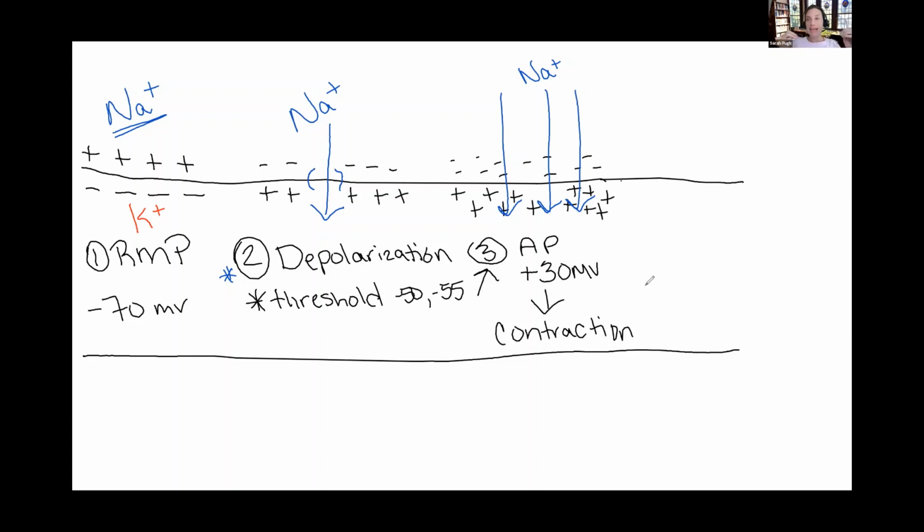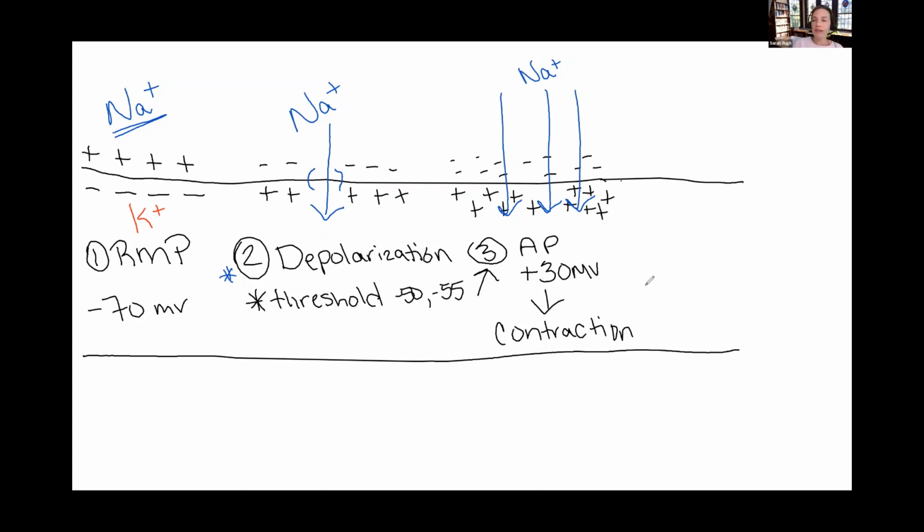We're going to need it to relax back out. So the next steps 4 and 5 are just how do we get that muscle to relax back out again? So after we've gotten our contraction, what are we going to do? Because we can't keep our membrane at positive 30. That means that you're going to keep sending an impulse and you're going to keep getting a contraction. Okay.